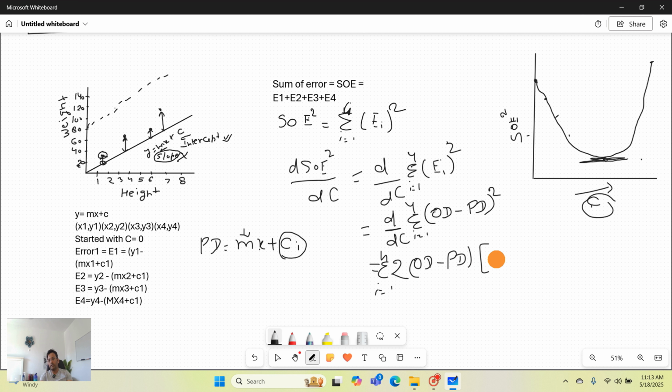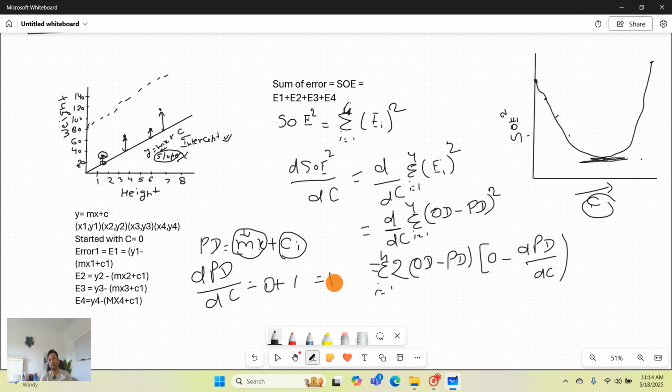Now the derivative of OD with respect to c will be 0 minus dPD by dC. Now what is dPD by dC? If you see dPD by dC in this equation, this part does not have c, so this will be 0, plus it has c, and the derivative of c with respect to c will be 1.